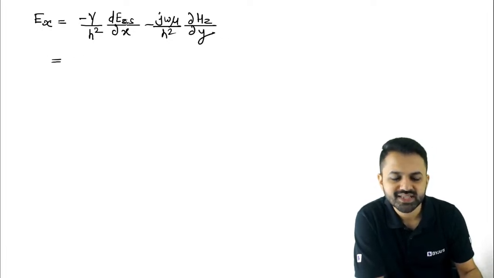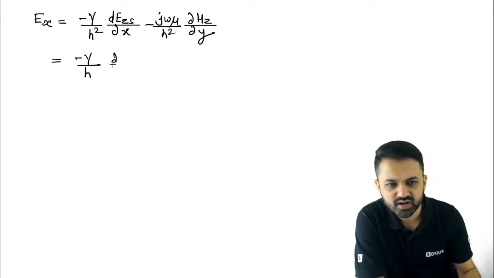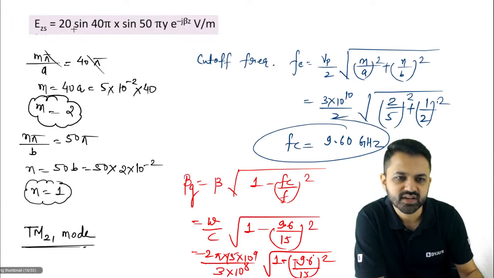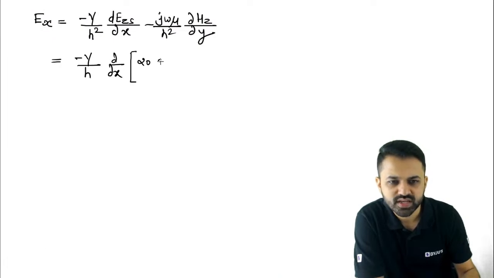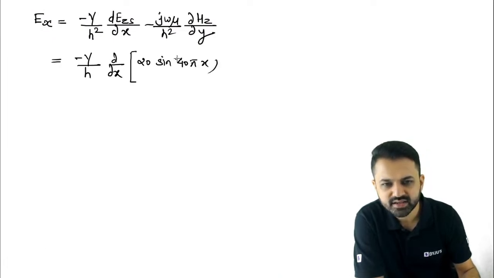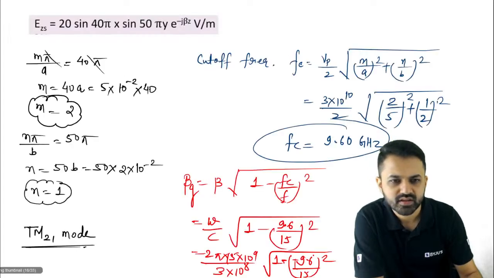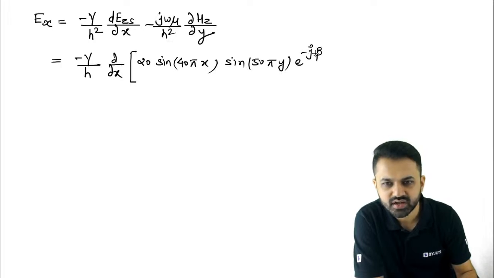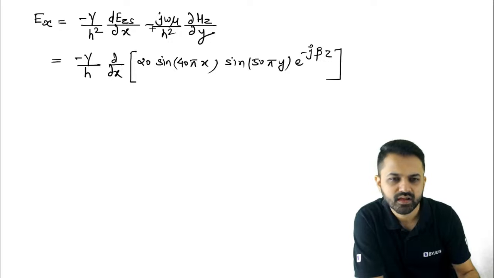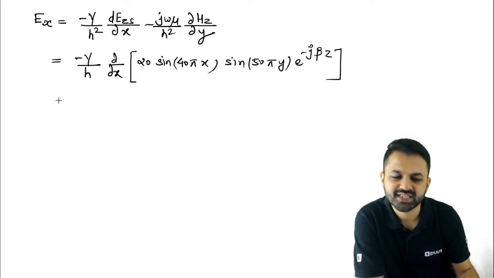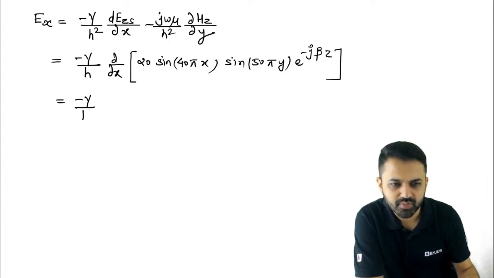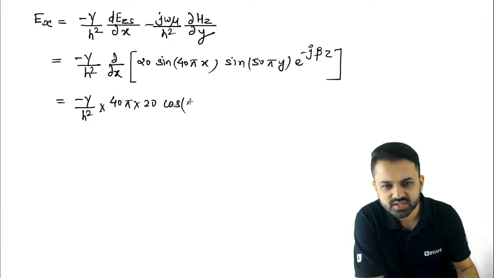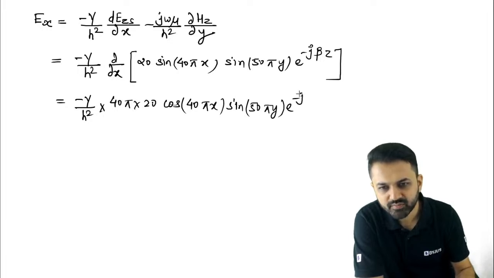Okay, so Ez is given as 20 sine 40 pi x into sine 50 pi y e to the power minus j beta z. And this Hz is 0, because it is TM mode. So minus gamma upon h square into 40 pi into 20 cos 40 pi x and then sine 50 pi y e to the power minus j beta z.